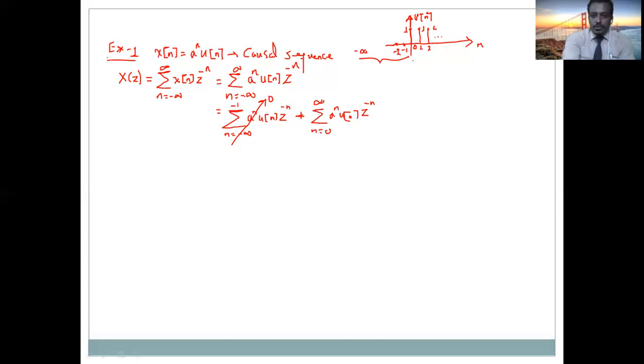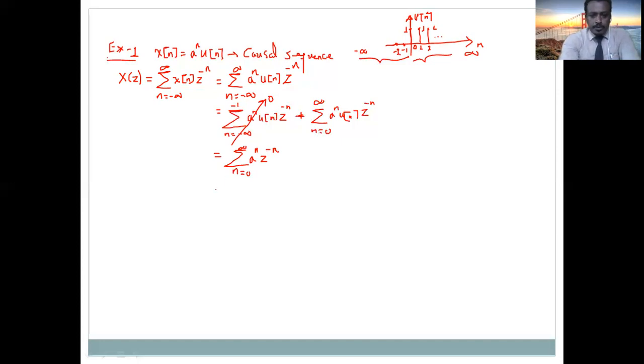How about from 0 up to positive infinity? u of n is equal to 1. Okay. So from 0 up to infinity, u of n is 1. So we can write this summation, n from 0 up to positive infinity, a to the power of n times z to the power of minus n, right?